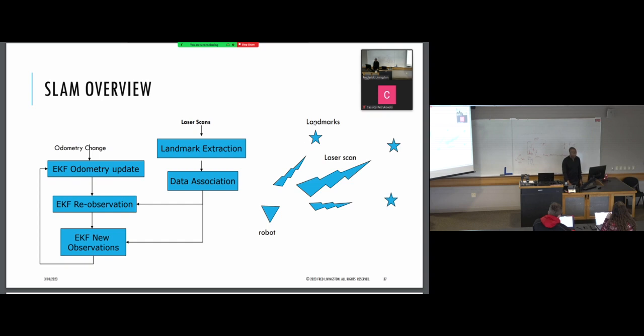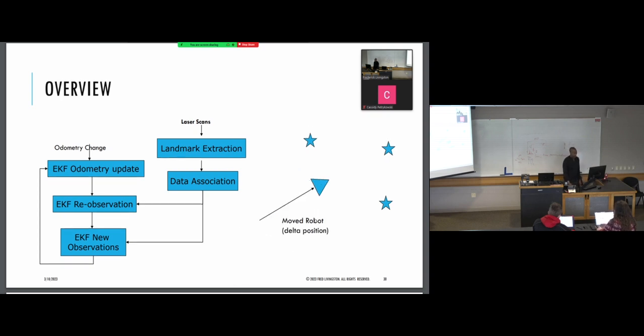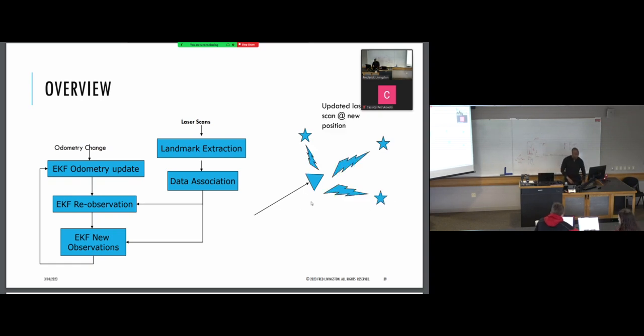So I'm going to move the robot now in any random direction. I move the robot a delta position forward, so I was here, and now I'm here. I can use my odometry, which says I moved 1 meter forward in that direction, by looking at that sensor data. So I've got that here, and now I'm going to turn on my LiDAR and get my position updates from my LiDAR scan.